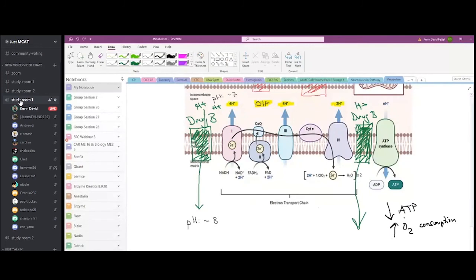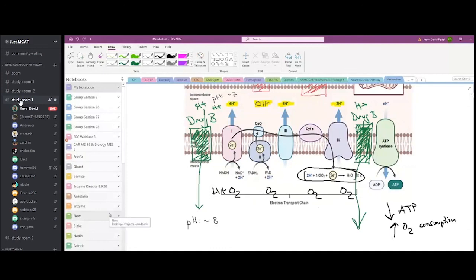Why? Well, although this picture shows O2 over here, right below complex 4, really O2 is all over the place. O2 is just all over the mitochondrial matrix, hanging out all over the place. So as soon as it encounters hydrogen, H plus, it's going to turn into water.